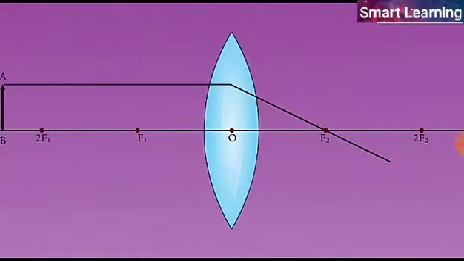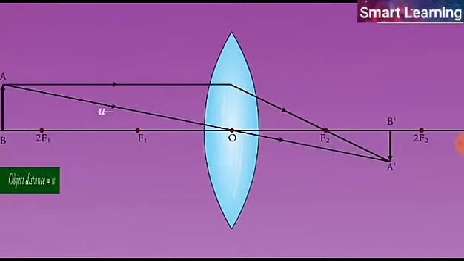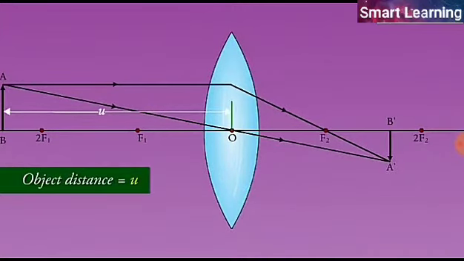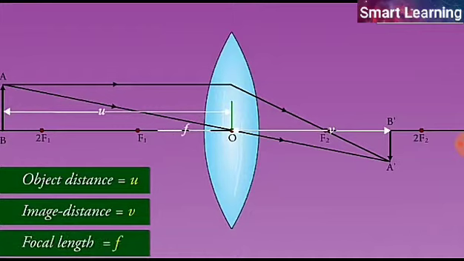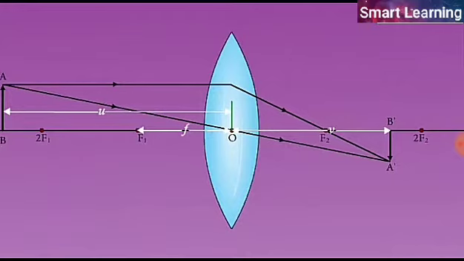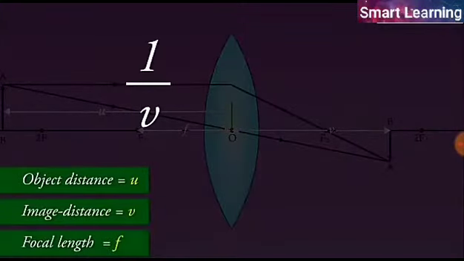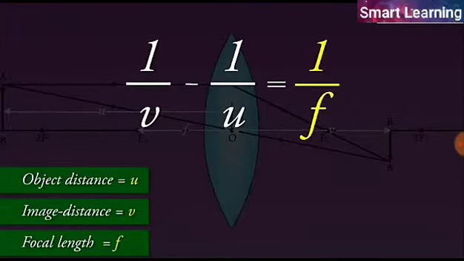This formula gives the relationship between object distance, u, image distance, v, and the focal length, f. The lens formula is expressed as 1 upon v minus 1 upon u is equal to 1 upon f.